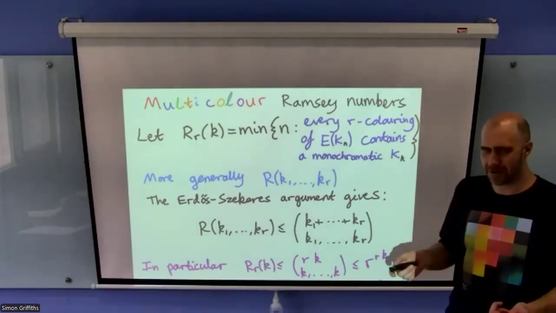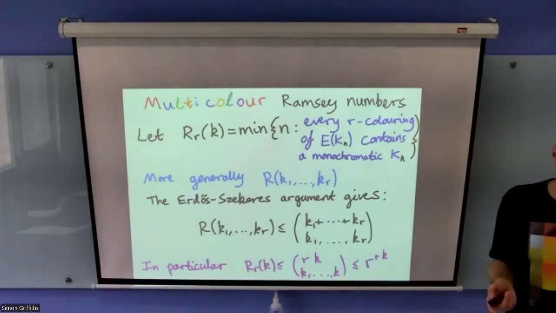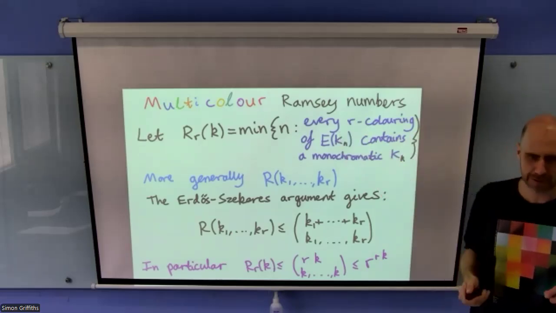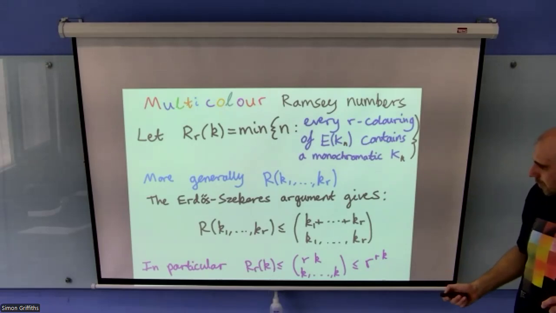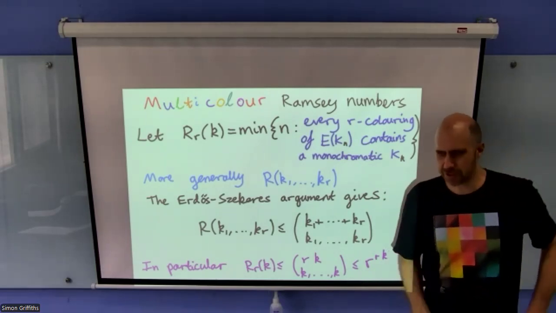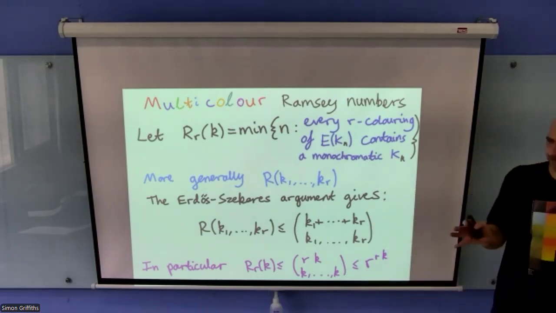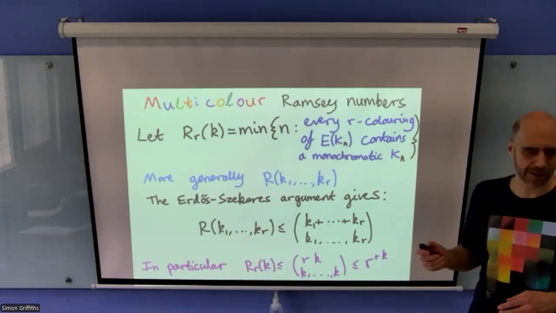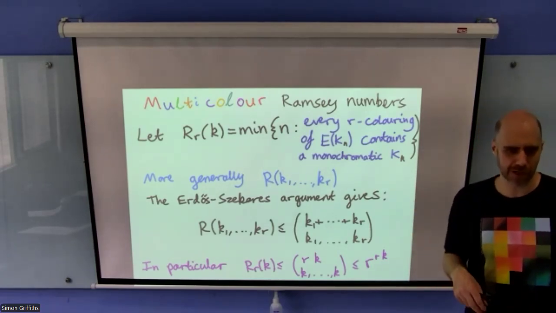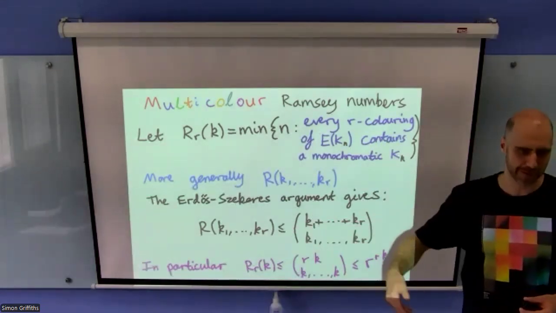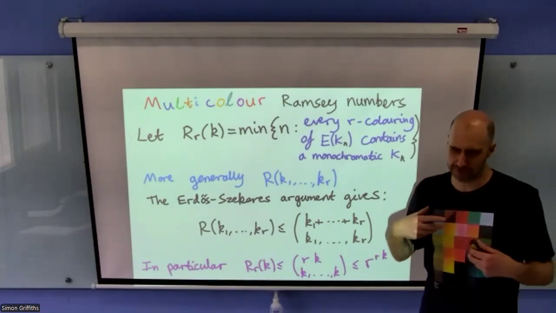And just in the same way that the usual Ramsey upper bound is just a polynomial factor away from 4 to the K, this bound is just a polynomial factor away from R to the RK. I should say we'll mostly think about the case where you have a fixed number of colors, 3 colors, 4 colors, 5 colors, and you let K go to infinity. At least that will be our focus.